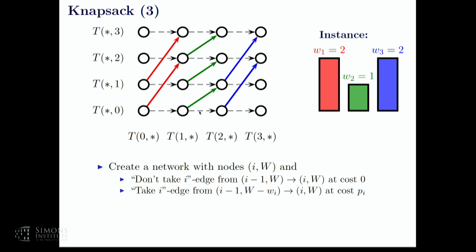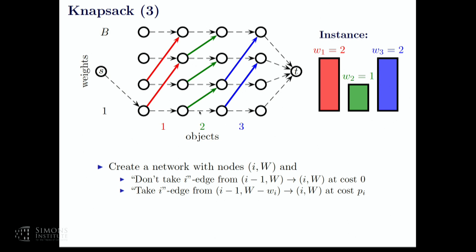Now I can also add a source, and I connect the source to my start state, which is I equals 0 and w equals 0, and I add a sink, with profit 0 edges going in from all the states with I equals n and w at most the capacity.